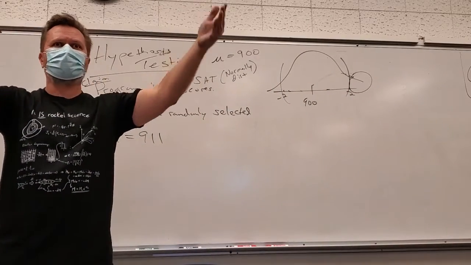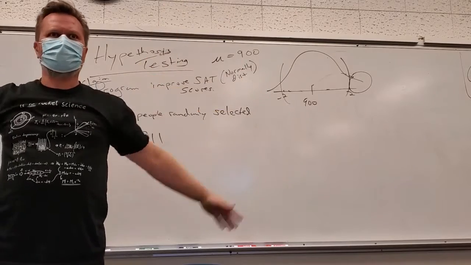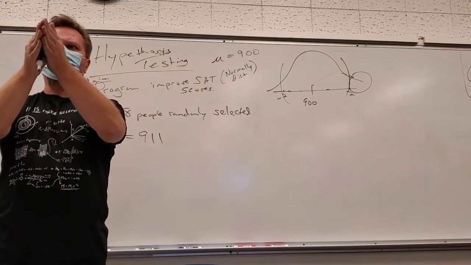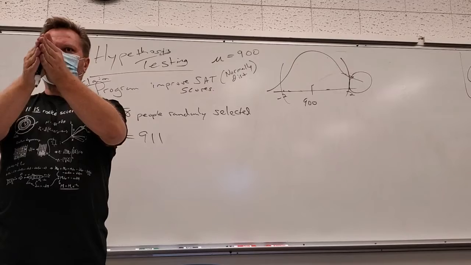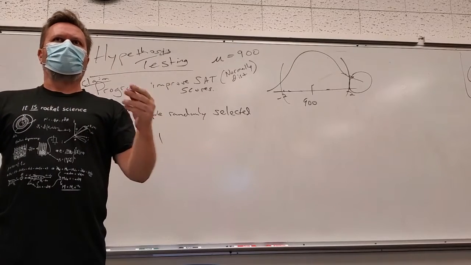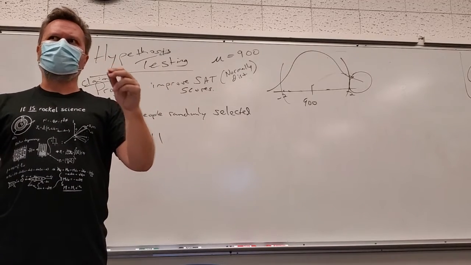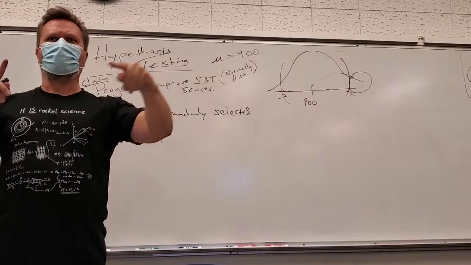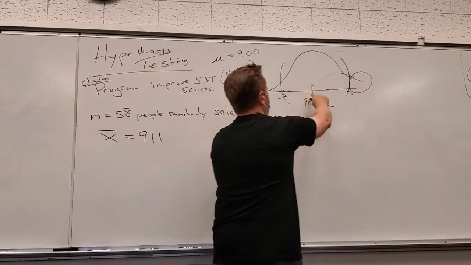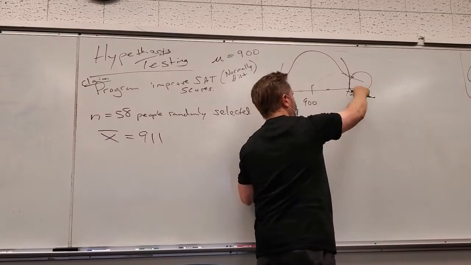It would not be unusual in there. Why would that show evidence for anything? If the mean really is 900, a sample could show up anywhere in there. So what would show evidence that the mean for this group is actually more than that is if my sample was unusually high.